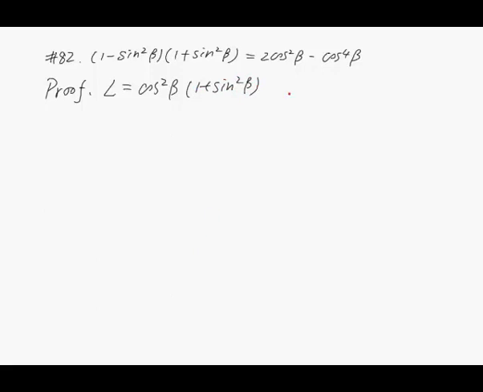And to get an expression only involving the cosine, we may replace the sine square beta by 1 minus the cosine square of beta.